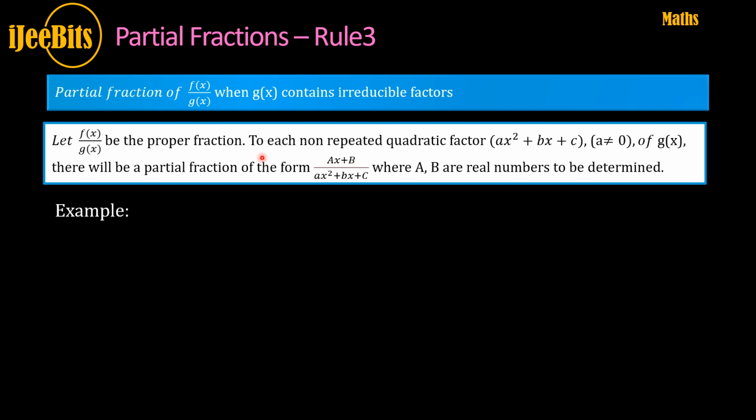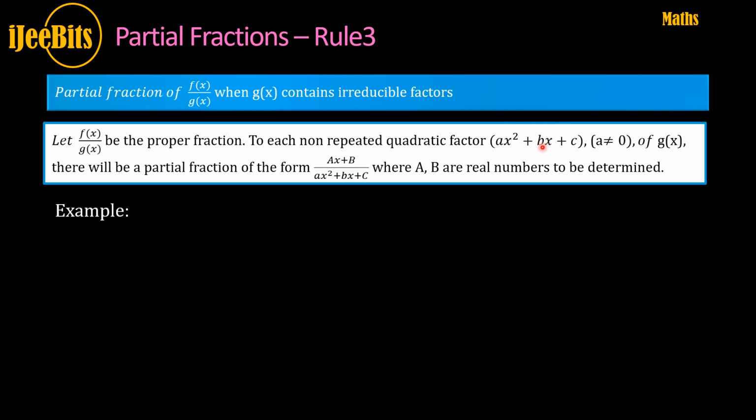Okay, to each non-repeated quadratic factor, so the condition is you have a quadratic factor like ax square plus bx plus c, where the factors cannot be made, so irreducible factors, and non-repeated.